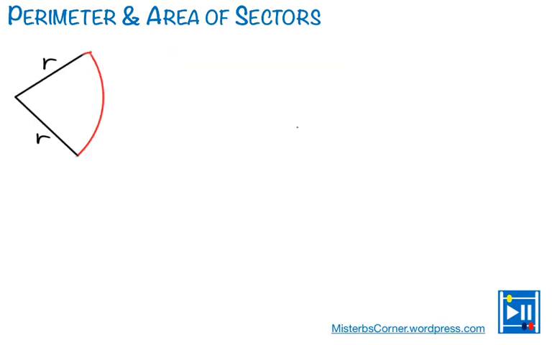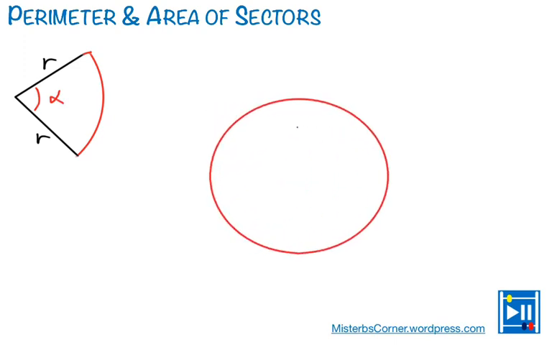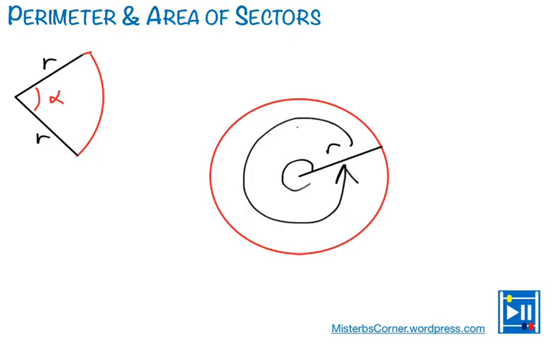Right, now because this is a fraction of a circle, we need a fraction to go on. We can get that fraction from this angle. So if I call this angle alpha, and we know that in a full circle, if I have the radius here, the angle here is 360 degrees.